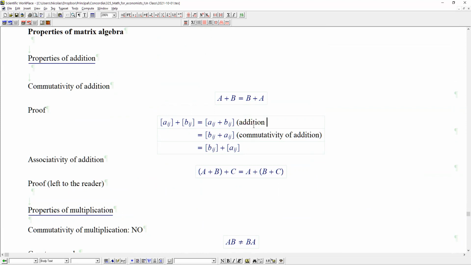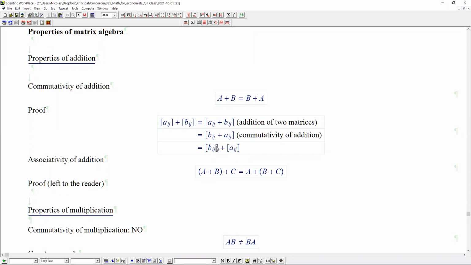And then you say, okay, I can revert these. And then you say, why are you allowed to do that? Because I have learned that there is this rule, commutativity of addition, which allows me to say that A plus B equals B plus A. So for each step, try to justify your step, why you're doing it, and then you can reach this.